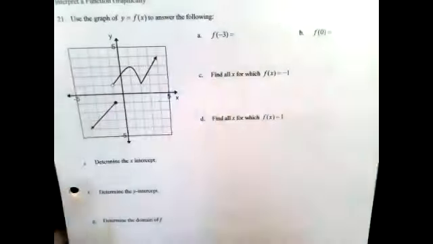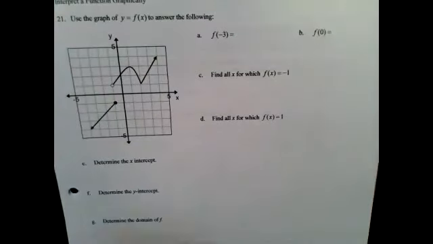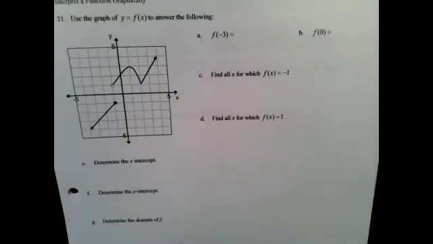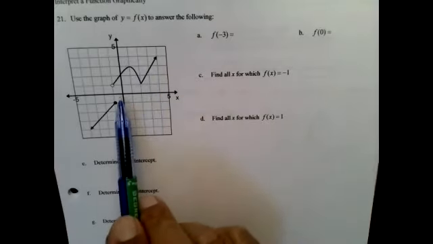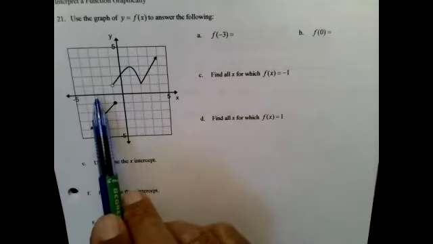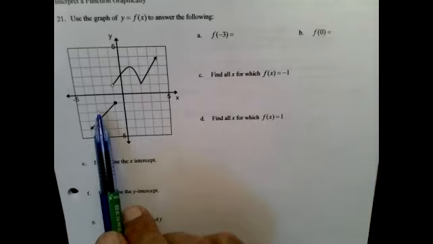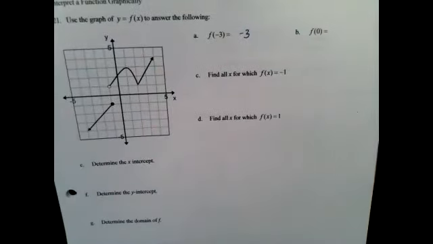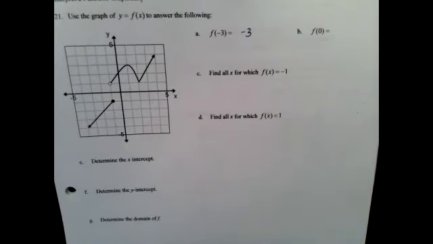Use the function. Okay, so this is the graph of the function to tell me some things. What is f of -3? Well, I come in here and I go to -3, and I come down. I get -3. f of 0.